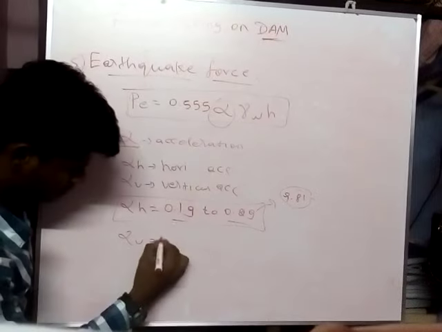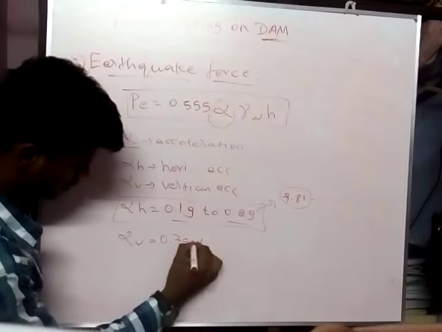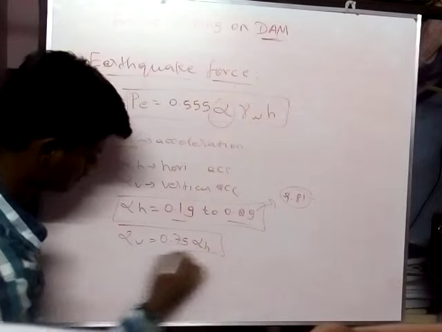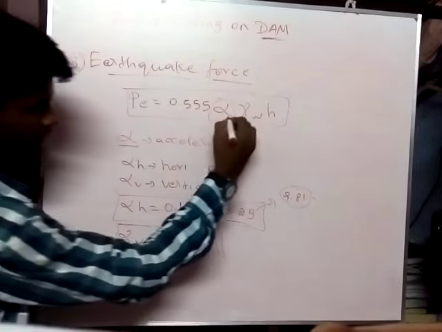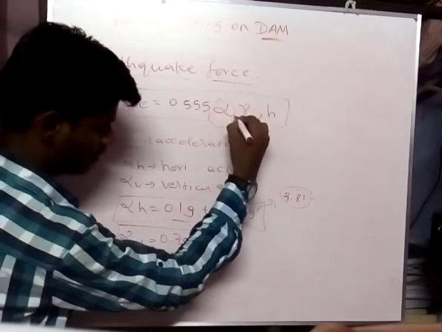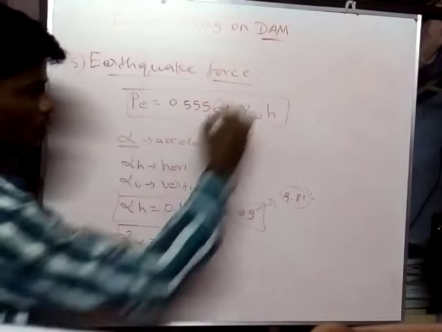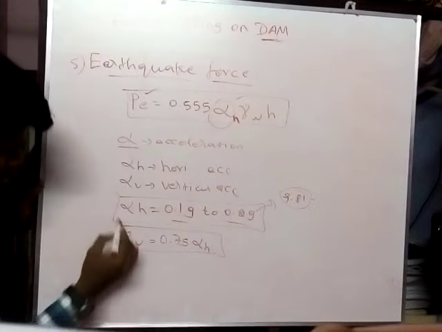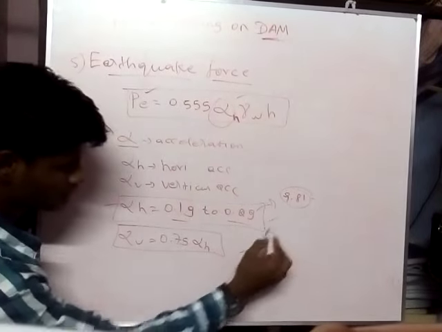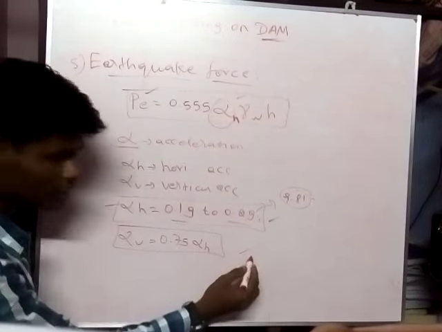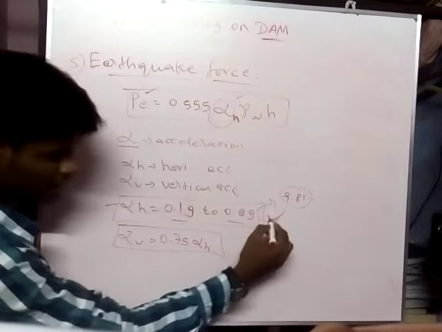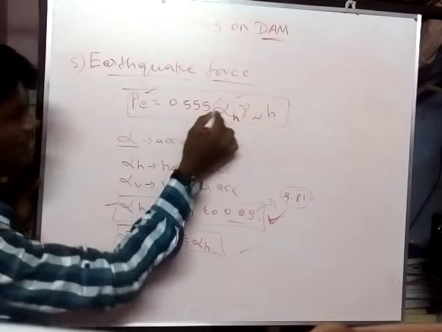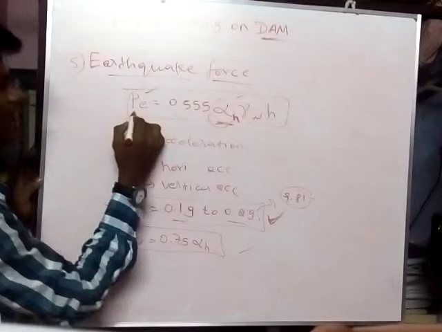The vertical acceleration alpha V is 0.75 alpha H. We always take alpha H to calculate the earthquake force, because the horizontal acceleration will be more at any time.